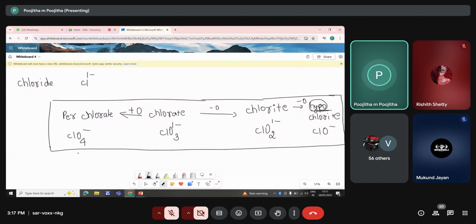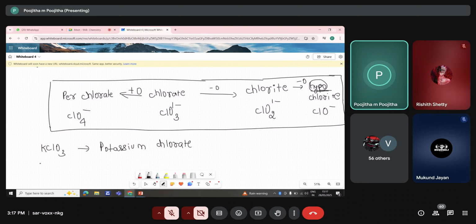For example, what is KClO3? KClO3 is nothing but potassium chlorate. Now what is KClO2? The KClO2 compound is potassium chlorite.